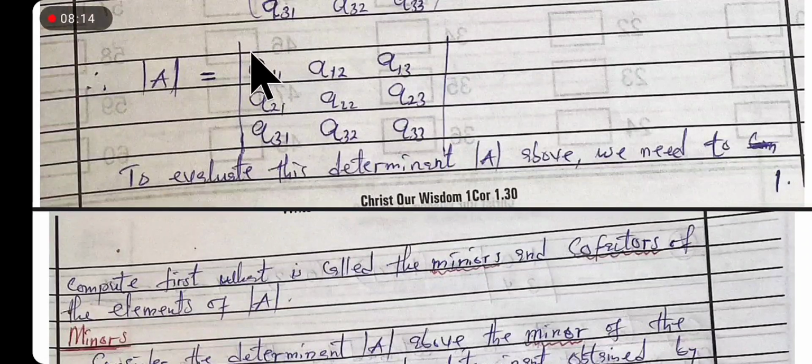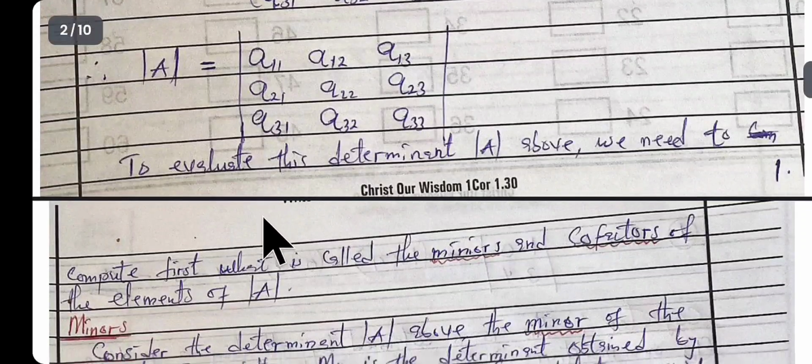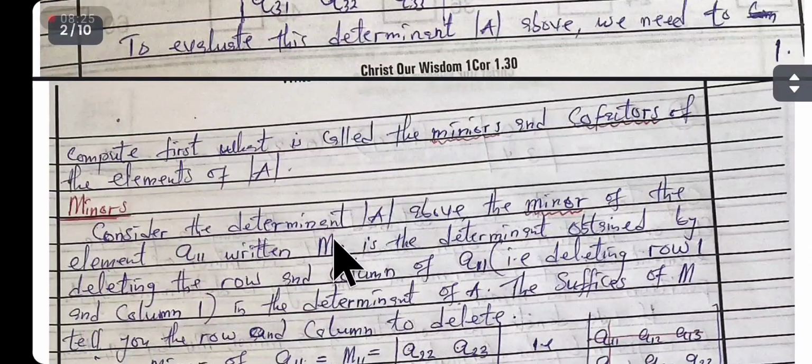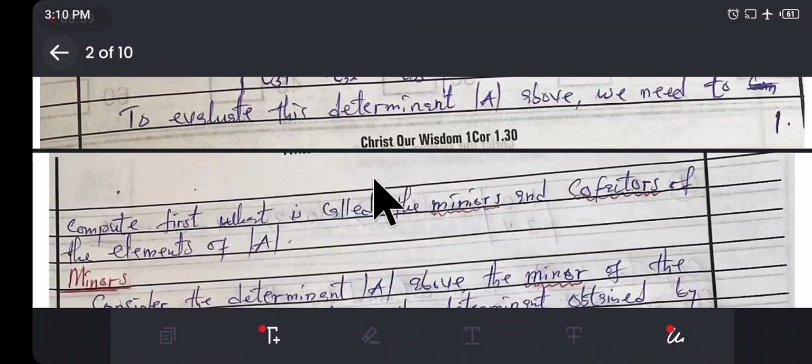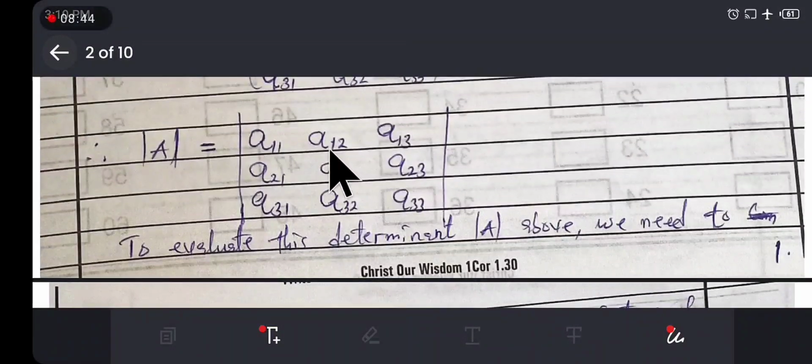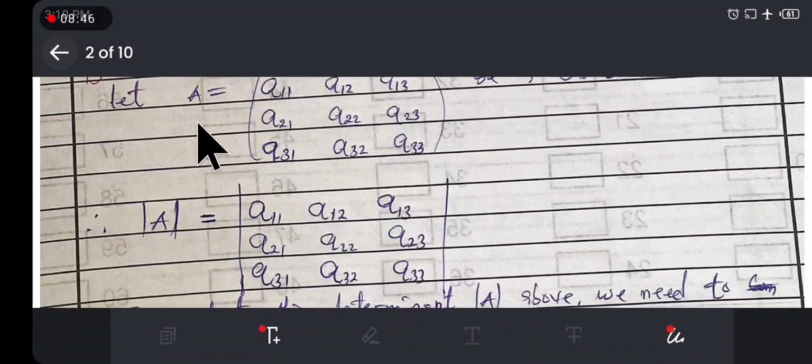So it means this A belongs to the first row and first column. If you want to find M11, delete or cancel out row 1 and column 1. By the time you do that, the remaining values are what give your 2 by 2 determinant.